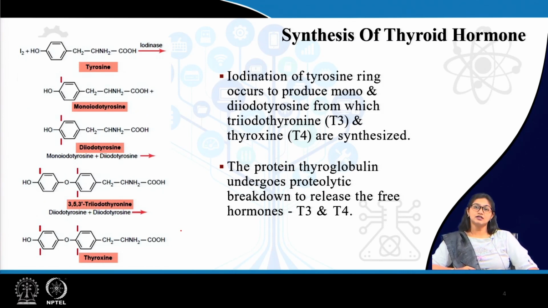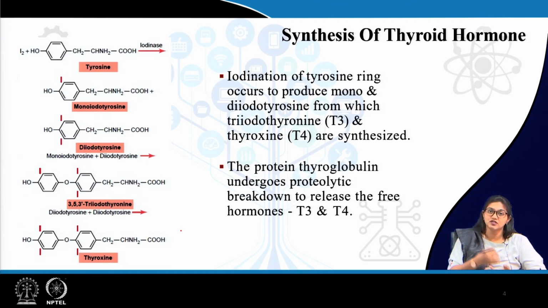Now, how does the synthesis of thyroid hormone occur? Basically, this is iodination of the tyrosine which is present in the thyroglobulin residues.